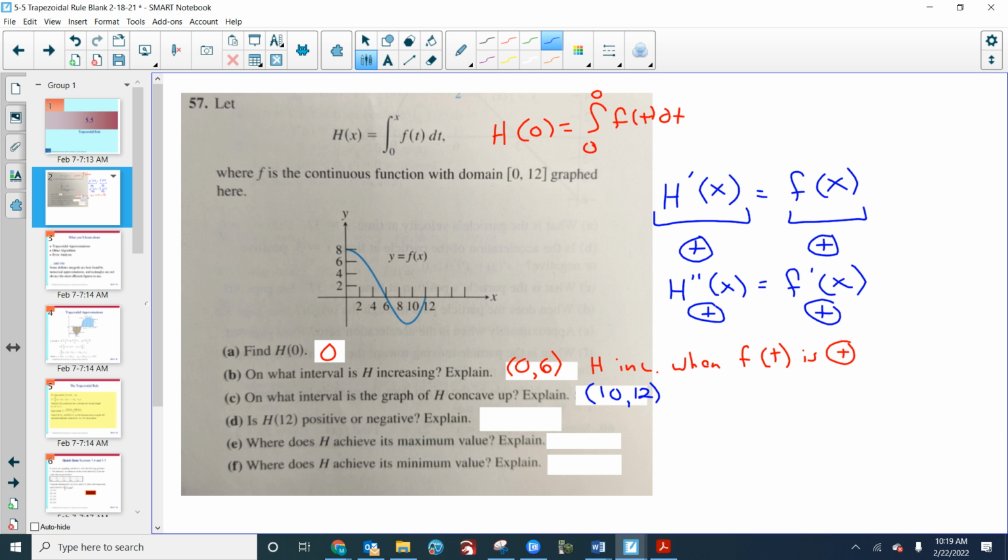Looking at it visually, I want to say positive because it looks like there's less negative than that. It's a great argument. H of 12 is the integral from 0 to 12, isn't it? Positive, positive, positive, positive. Negative, negative, negative, negative. But I agree with Caden.